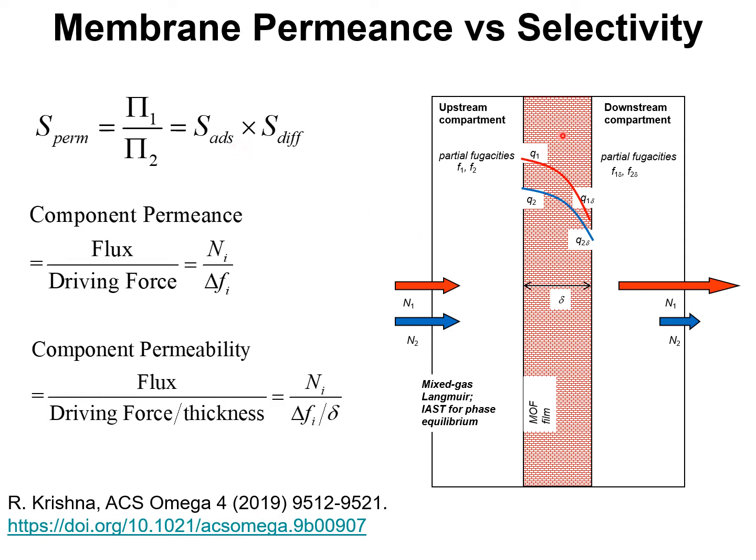The adsorption selectivity is simply the ratio of the component loadings divided by the ratio of the partial fugacities. That is S adsorption. S diffusion, the diffusion selectivity, is the ratio of the diffusivity of component 1 to the diffusivity of component 2.